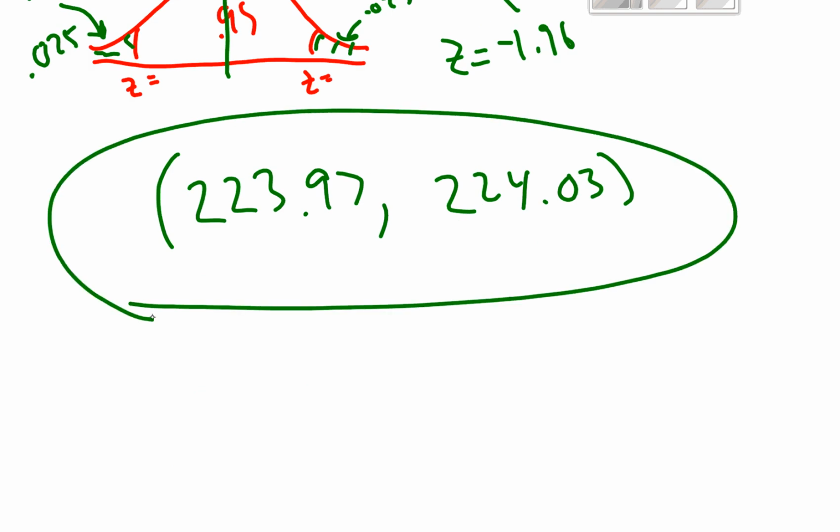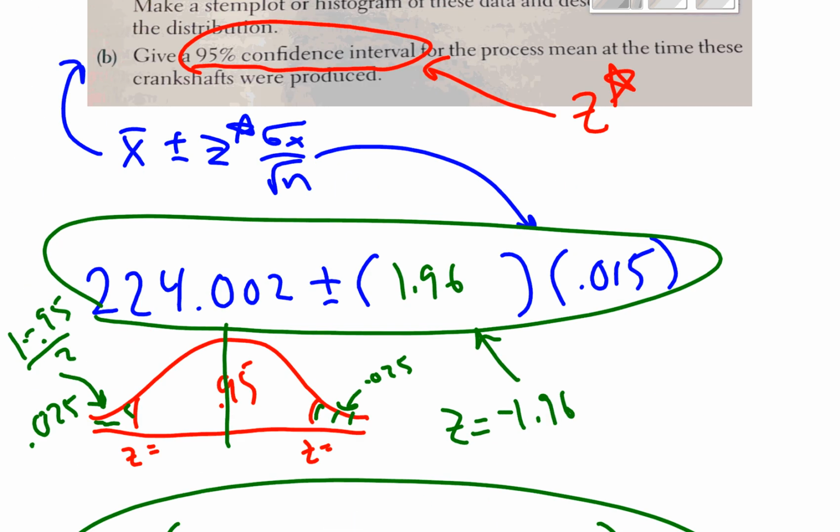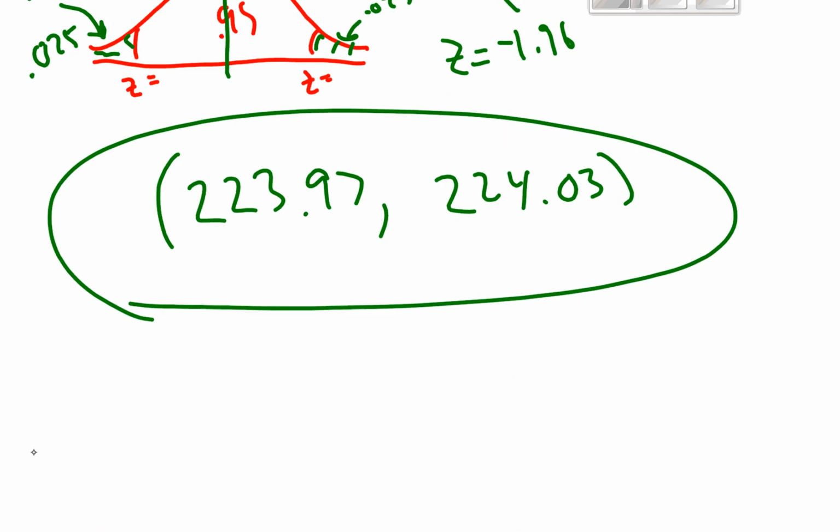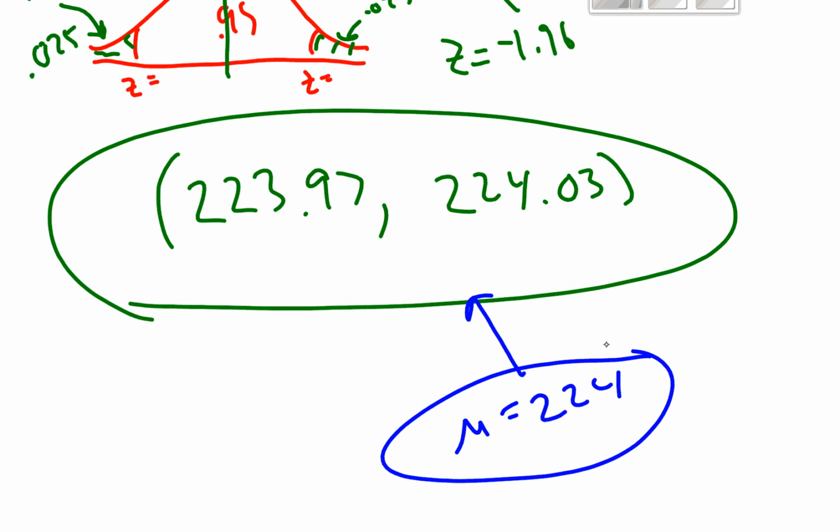And that's sort of a promising thing because we look at the problem. The problem said that the mean was supposed to be 224. And you'll notice that 224 is definitely in this interval. So that means that we would not reject that the mean is 224. We would say it could be 224.